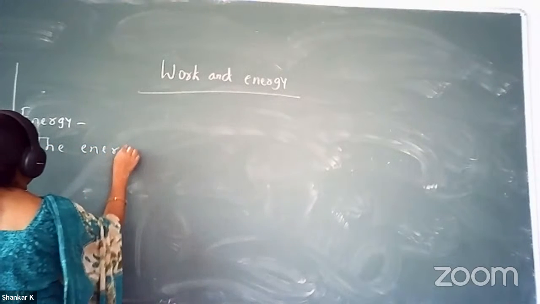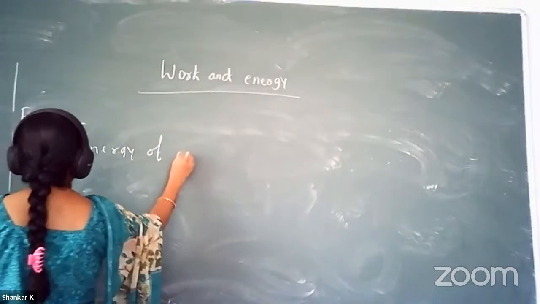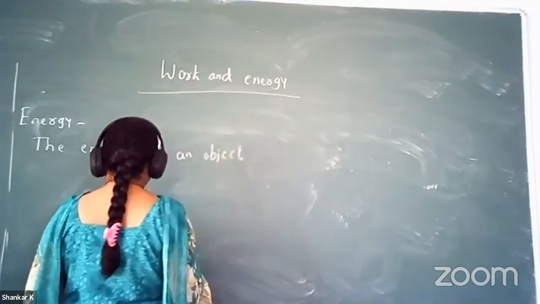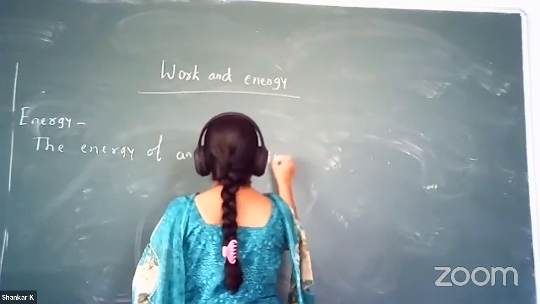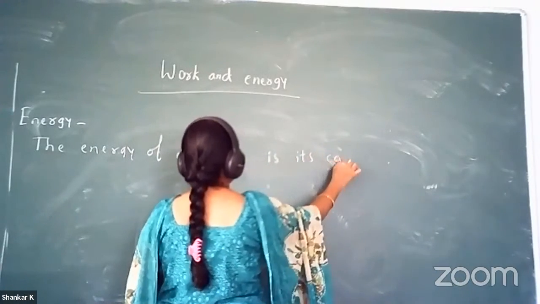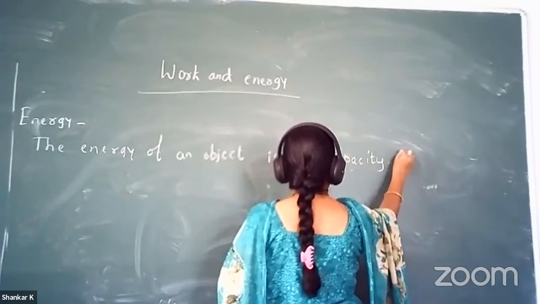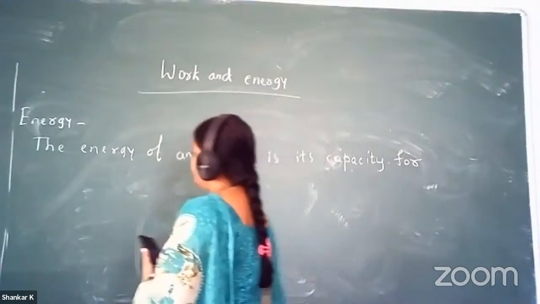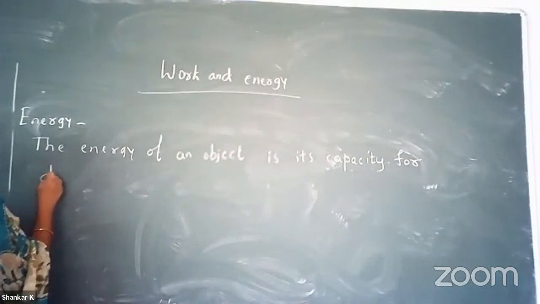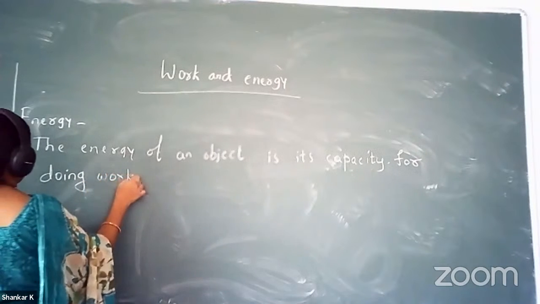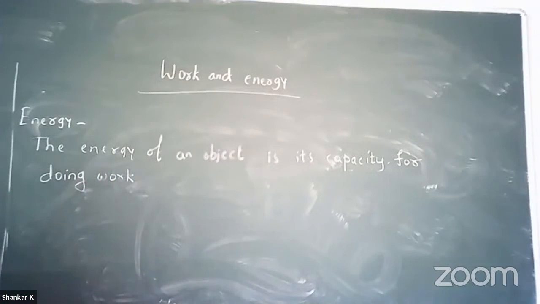Energy. The energy of an object is its capacity for doing work.